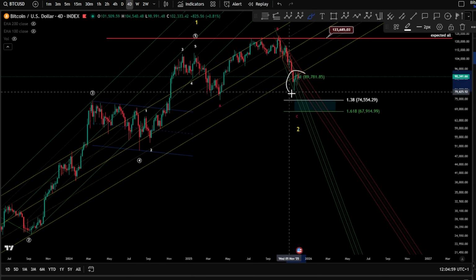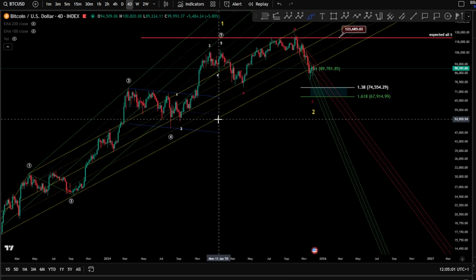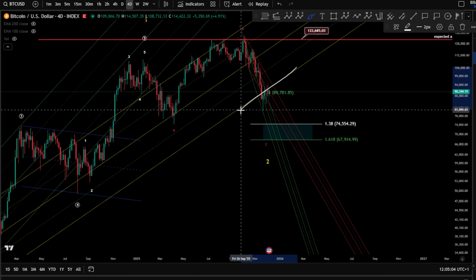Currently, we can see the price is still ranging below the old base channel, using it as a resistance.